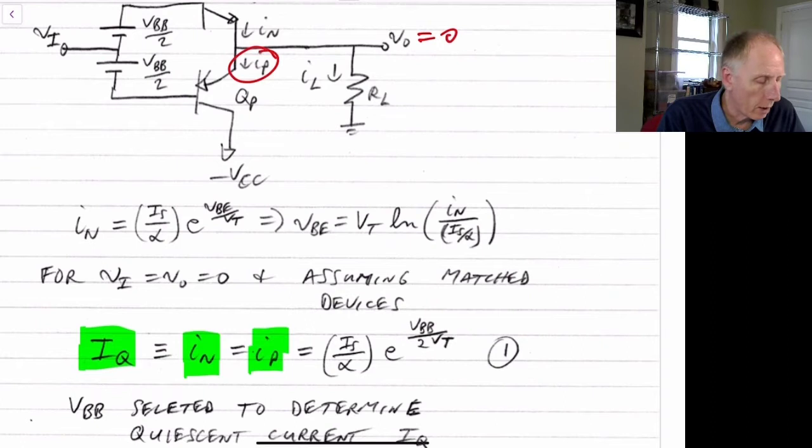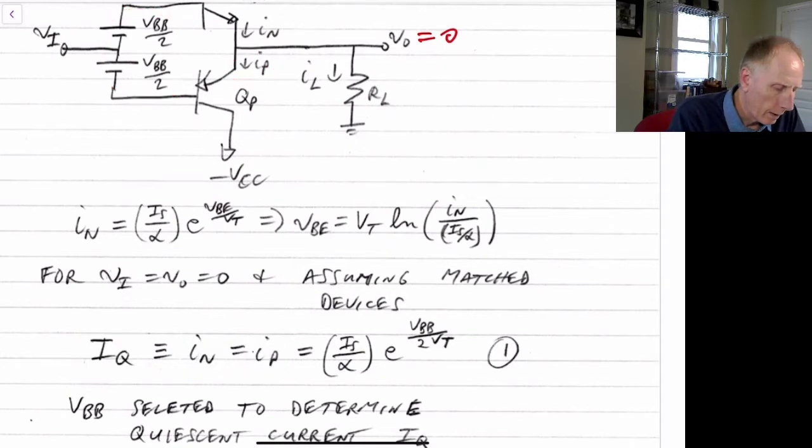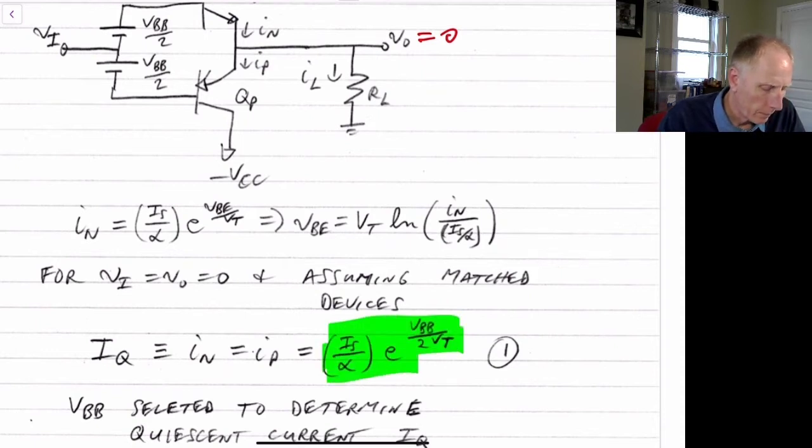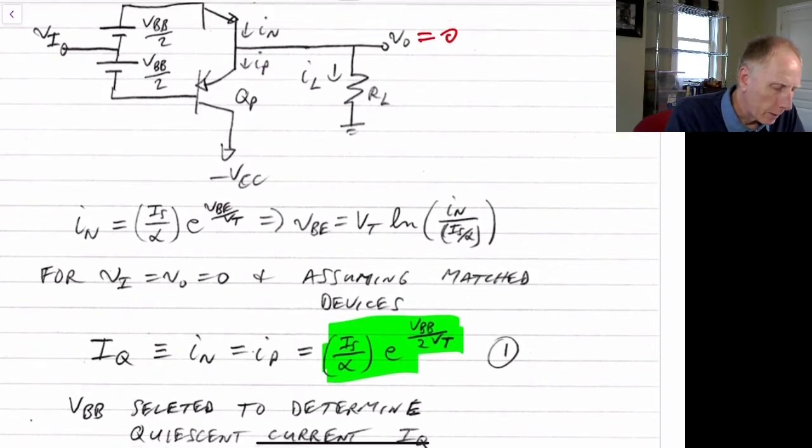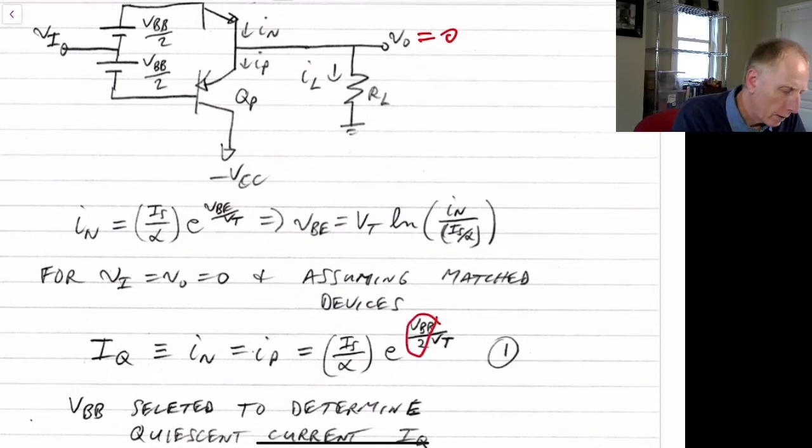As we mentioned, that's not going to be 0, and it's due to these two voltages that we have over here. And that's given by this equation here. We can see this just because we've assumed that half of the voltage, Vbe over 2, is across the NPN transistor.